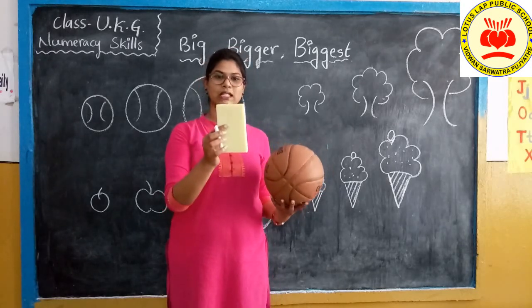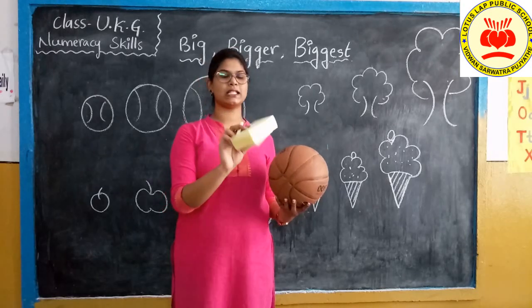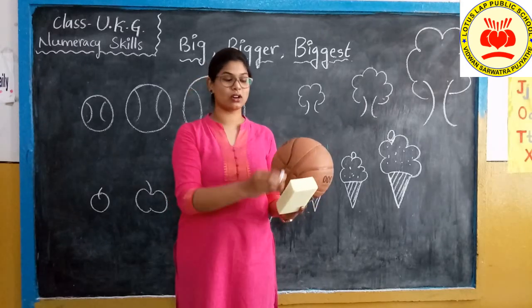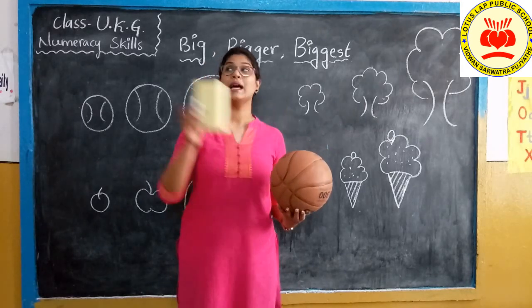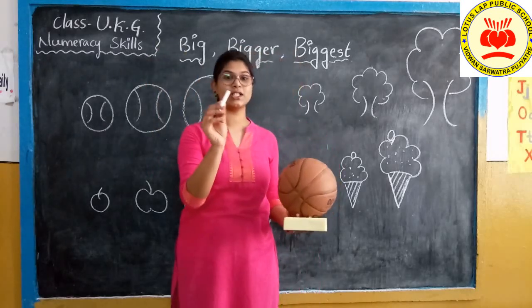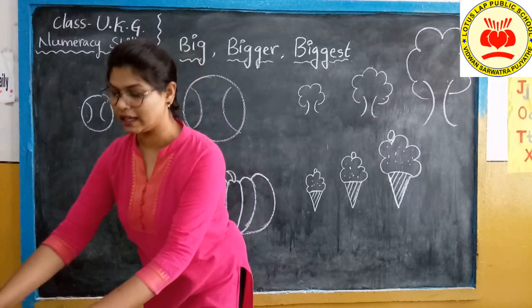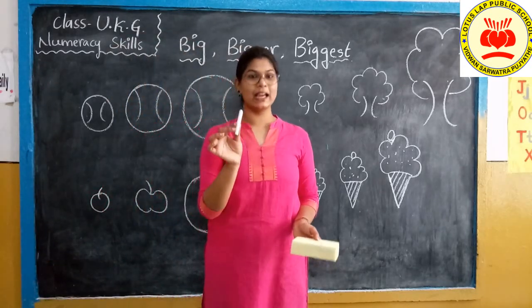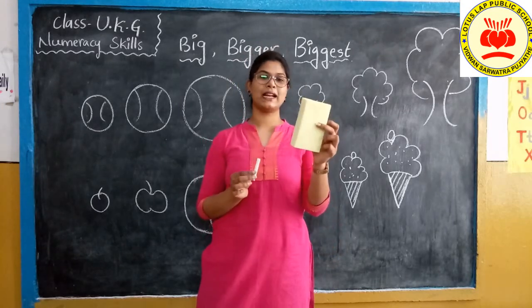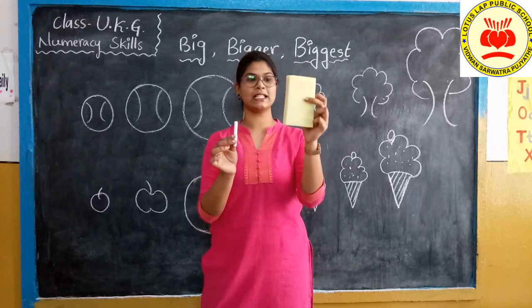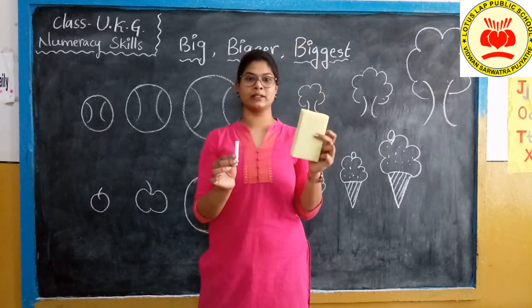Obviously, the next one is bigger than this chalk piece. If it is big, the next object we compare will be bigger than the first object. The first one I have compared and told this is big, and when I compare this chalk piece with this duster, then it is called bigger.